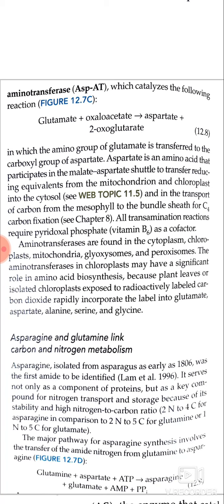It serves not only as a component of proteins but as a key compound for nitrogen transport and storage because of its stability and high nitrogen to carbon ratio. The major pathway for asparagine synthesis involves the transfer of the amide nitrogen from glutamine to asparagine.